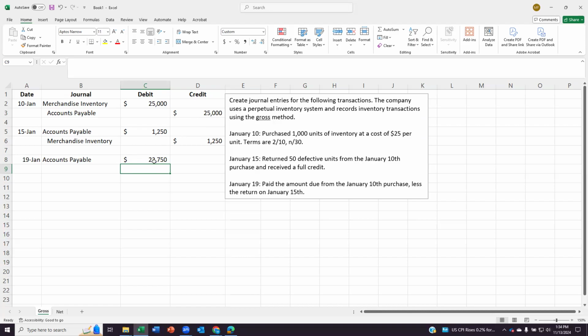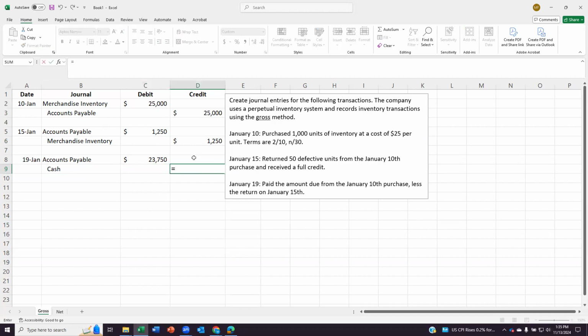Then we're going to record the amount of cash we pay. And the amount of cash we have to pay is the amount we owe minus the discount. So if I owe 23,750 and I have a 2% discount, that means I only have to pay my supplier 98% of what I owe them, or 100% minus the 2% discount.